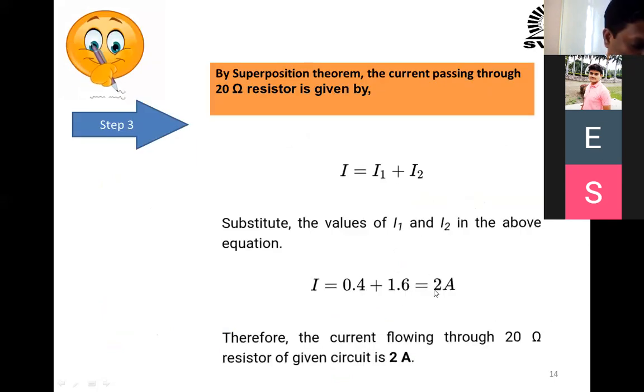So see, this is the answer we got, 2 ampere. So one example I will give as a homework. So everyone note down and try and tell me the answer in the next lecture. Fine. Everyone note down or take the snapshot when I will complete the circuit diagram. Find current.